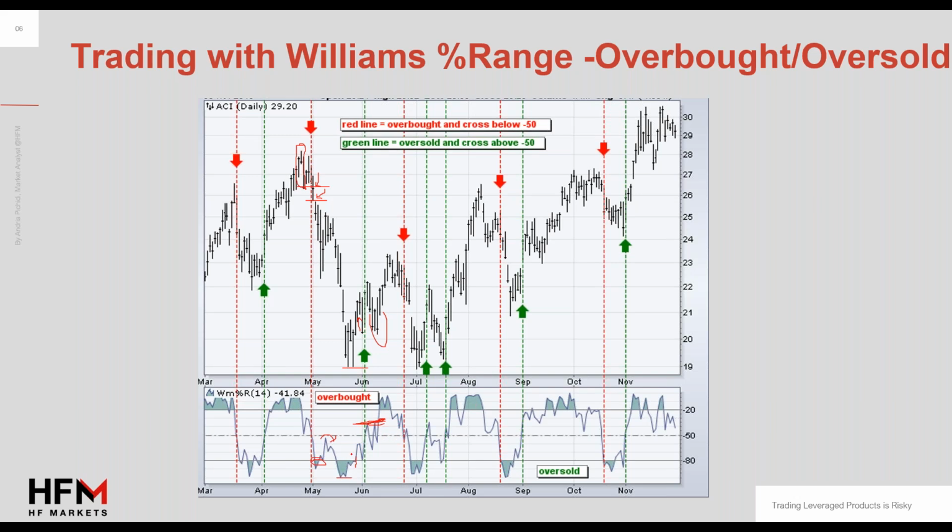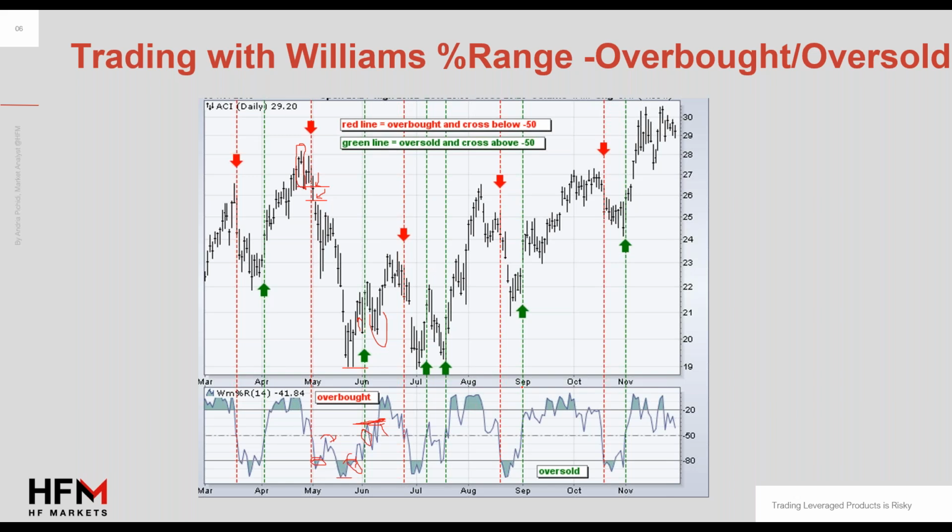So if you missed that, or for any reason you decided not to take an entry, if you missed the cross above -50, then by connecting the latest highs, you can enter as soon as it crosses above the previous two highs, but benefit just in a small move, which is just fine as well.